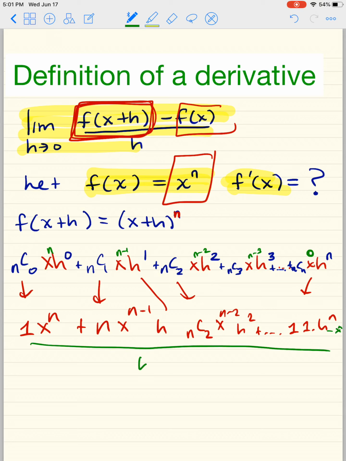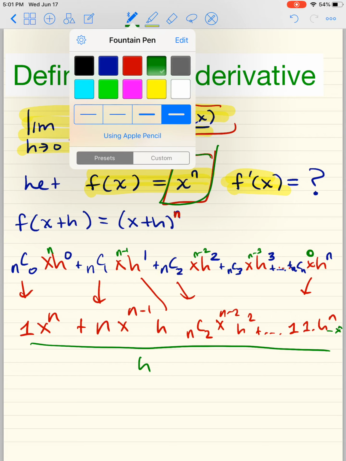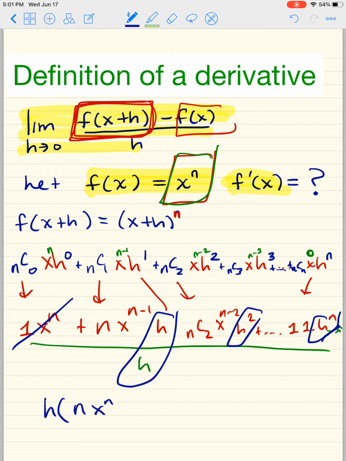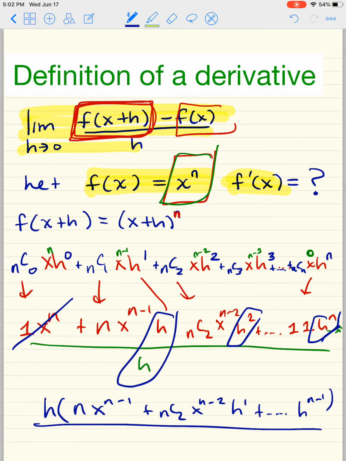If you watched my other videos, I've always said that you did it wrong if your function, in this case x to the n, doesn't cancel. So it does cancel. Take a look at the first term, x to the n minus that. Every single term has an h in it. So you factor out the h. Once you factor out the h, you're left with n x to the n minus 1, plus n choose 2 x to the n minus 2 times h to the first, and so on, up to h to the n minus 1, all over h.